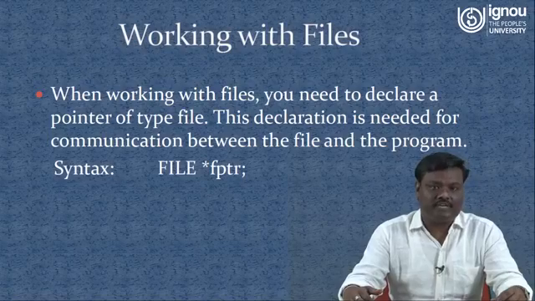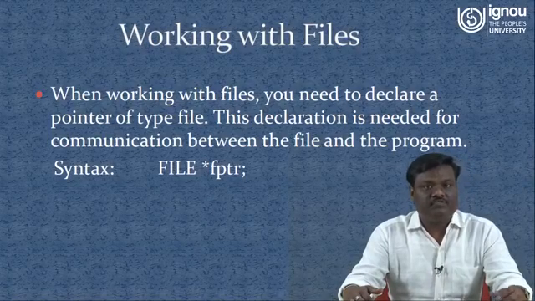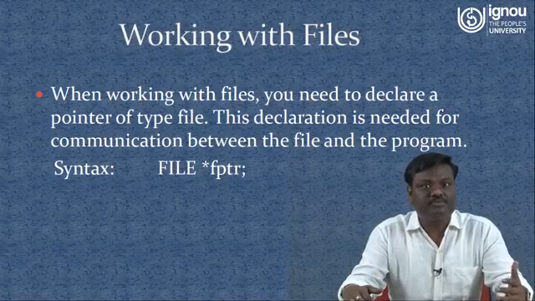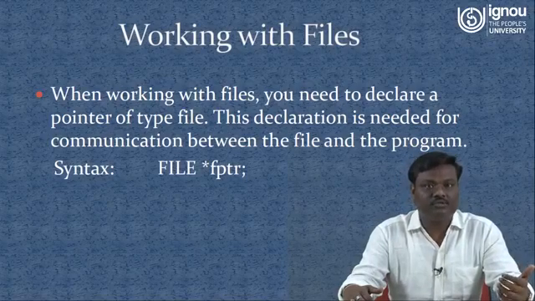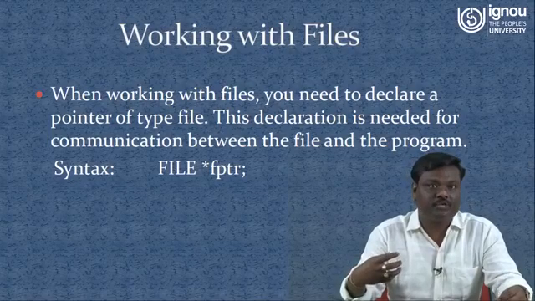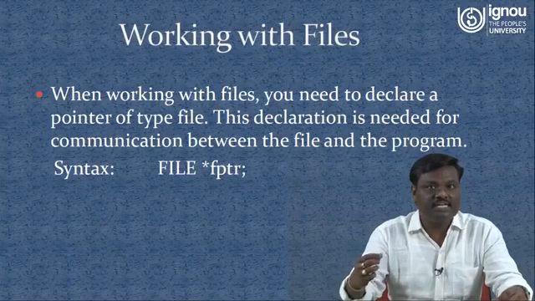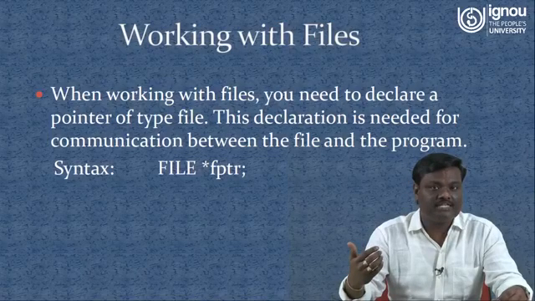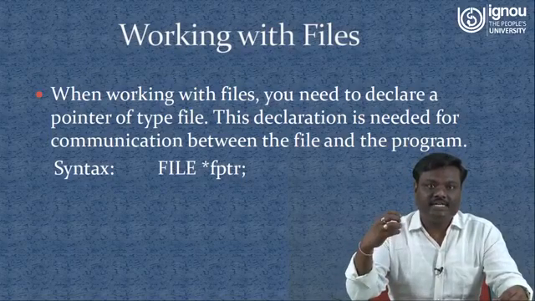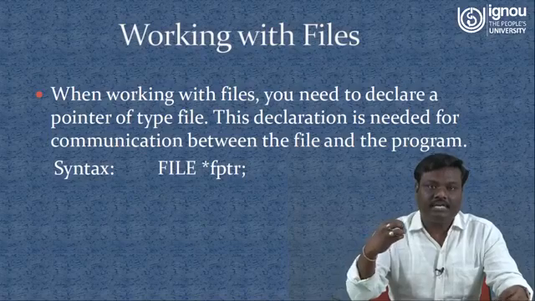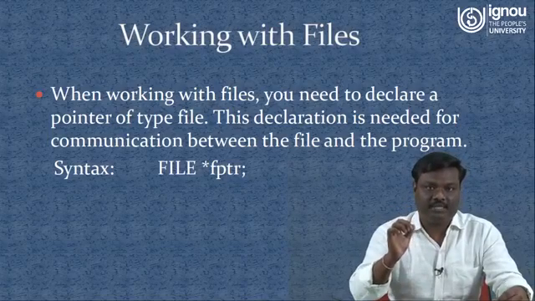So how to work with files? Let us start. First of all, the declaration part is very much important. How to declare in order to use a file or in order to create a file in our program? The declaration goes in such a way that FILE is the keyword, then a pointer, star fptr. Here, for example, I have taken a pointer variable as fptr. That itself is telling the program that fptr is a pointer variable which points to a file. In the earlier class, we had seen pointers.